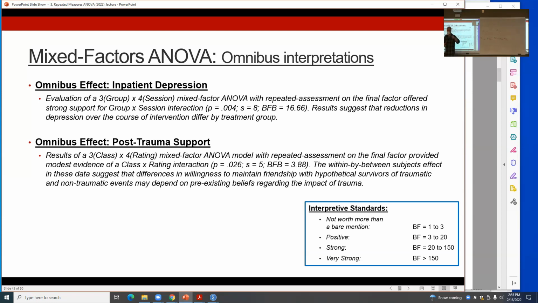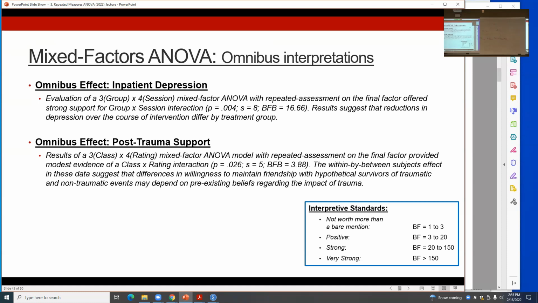Cool. So if we go to our omnibus effect, right? With these ANOVA designs, we start with our omnibus effect. And we see here an evaluation of a 3 by 4 mixed factors ANOVA with repeated measures on the final factor, the assessment, offered strong support for a group by session interaction.